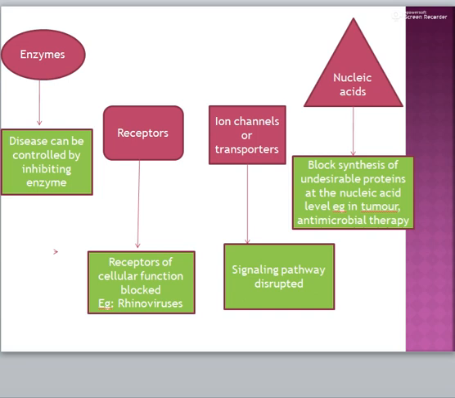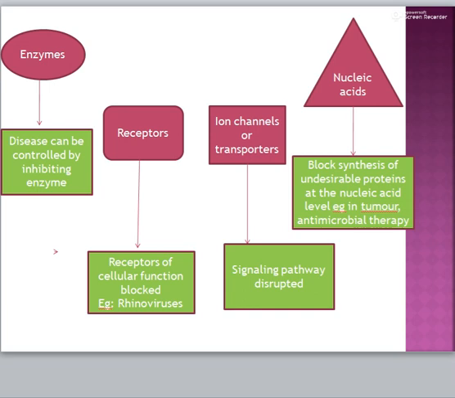Now, all the biological targets that we consider here could be enzymes, receptors, ion channels, transporters, or even nucleic acids. Sometimes a disease is caused by a microbial agent, and that microbial agent has an enzyme which helps it propagate within the host, or which causes a drastic or abnormal condition within the host.